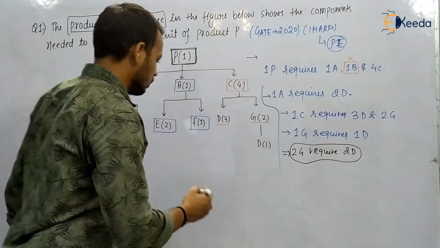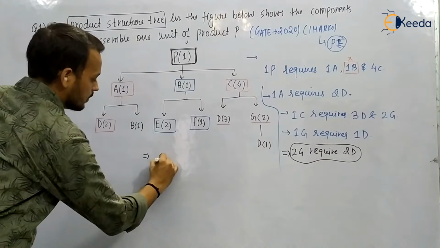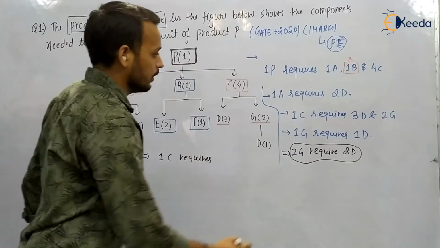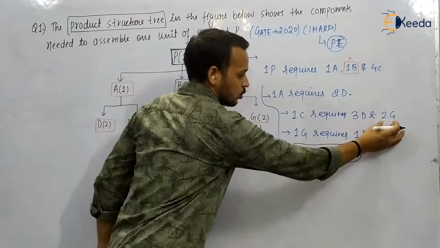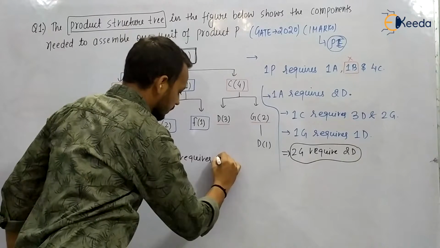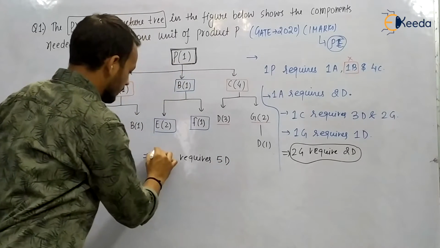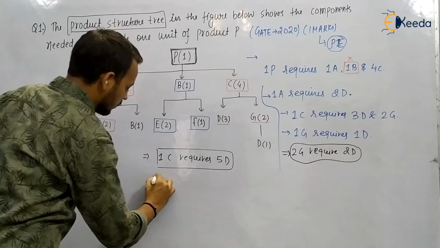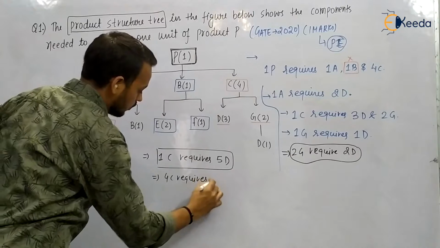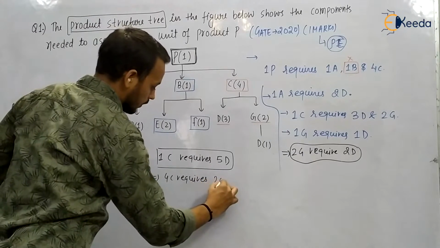So total, 1C requires 3D plus the 2D from 2G, so 1C will require 5D. So 4C requires how many D? 20D.